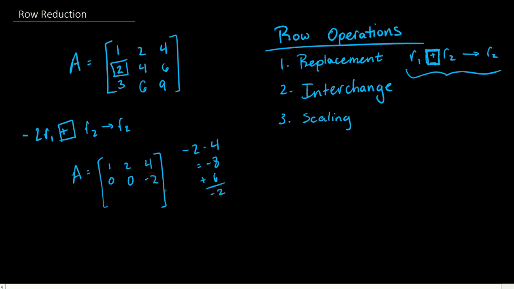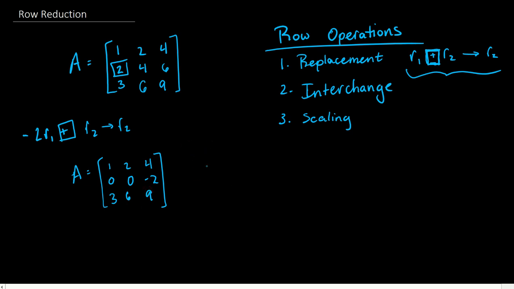So we have -2 there. So we've just replaced, okay, row 2 using a combination of row 1 and row 2, all right? And whatever rows you're not using in your replacement also stay the same. So these are going to be the same just like that.